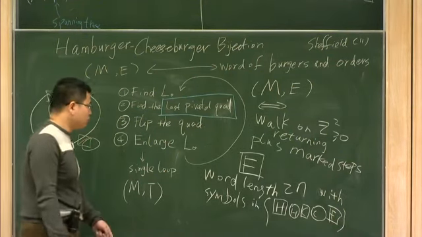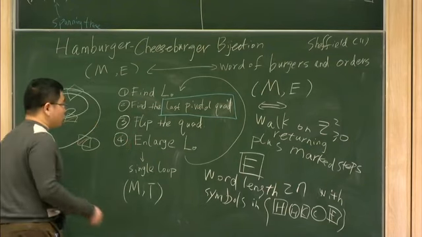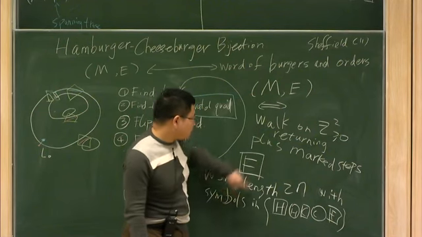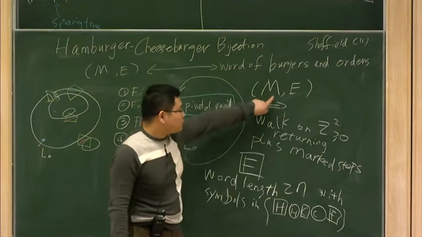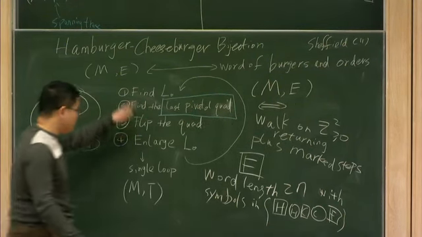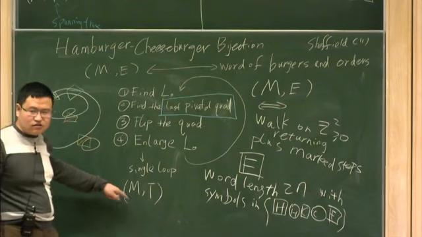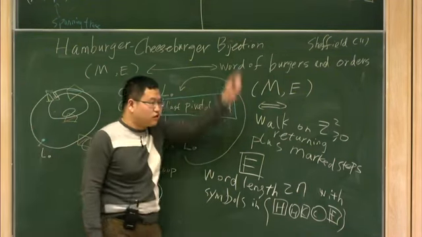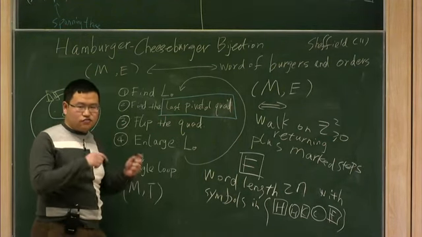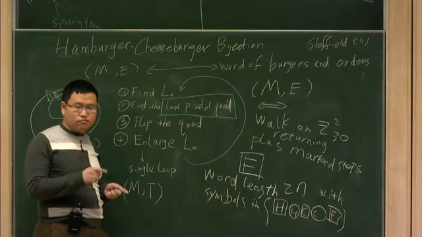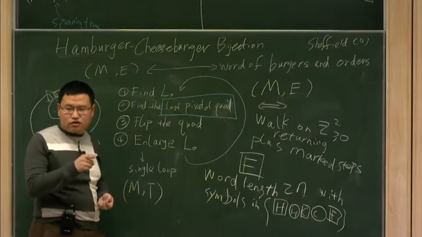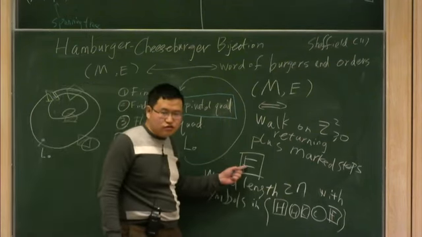The way you do it is, if you want to get a word from a pair of M and E, you first do this procedure to get M and T, and after you get M and T, you get such a sequence. Then you find all these marked pairs of burgers and orders, and you flip the corresponding order into this fresh order.